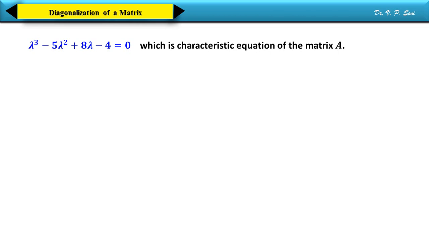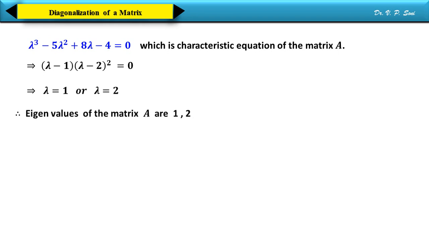Then we get lambda minus 1 into lambda minus 2 whole square equal to 0. This implies lambda equal to 1 or lambda equal to 2. Therefore, the eigenvalues of the matrix A are 1 and 2.